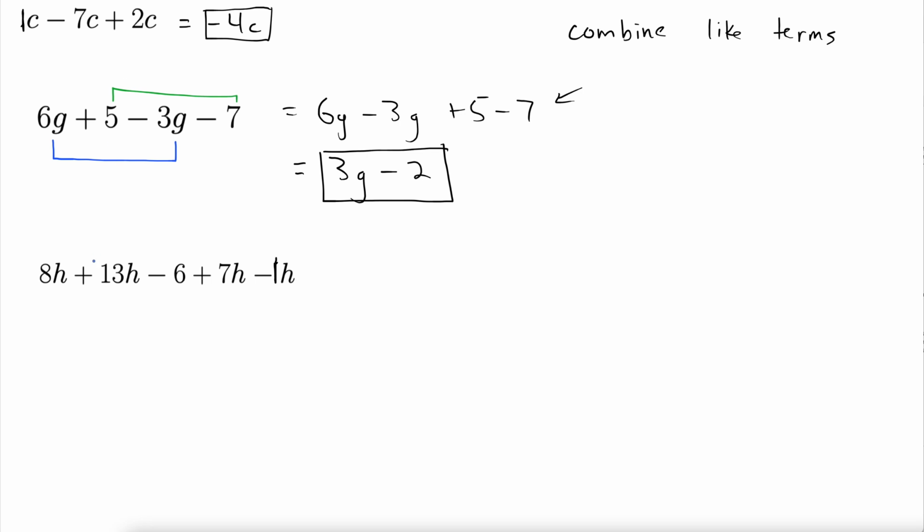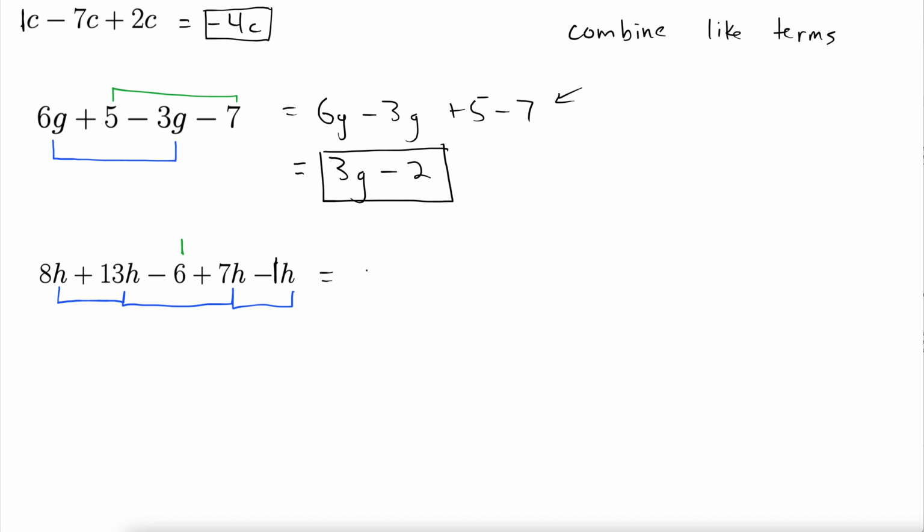Same thing. We combine all the variables with h's in them. So we have an h here, 8h, 13h, 7h, and 1h get put together. And then we have this minus 6. That doesn't really combine with anything. It's just going to be on its own.